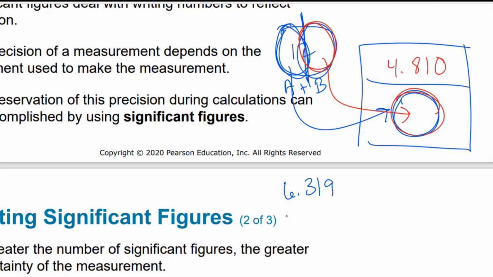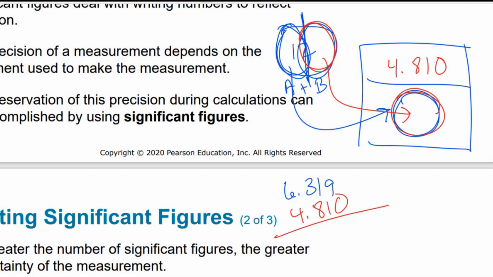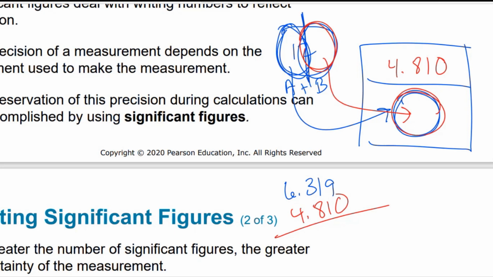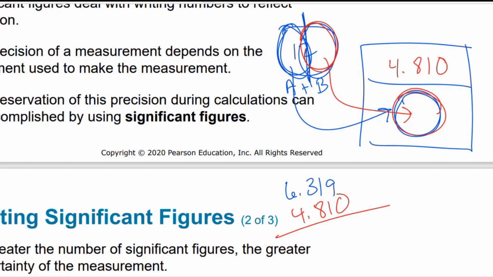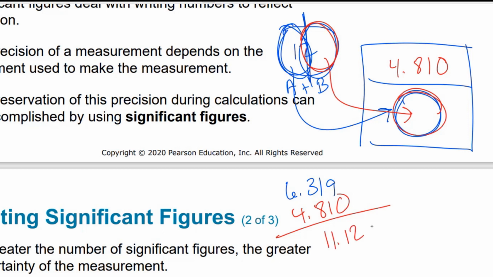So then I've got 4.810. And just so I don't make a mistake, I'm going to go ahead and add that on the calculator, even though I can do that in my head. So 6.319 plus 4.810 equals, and that gives me 11.129.